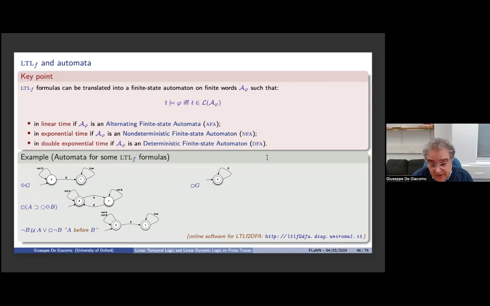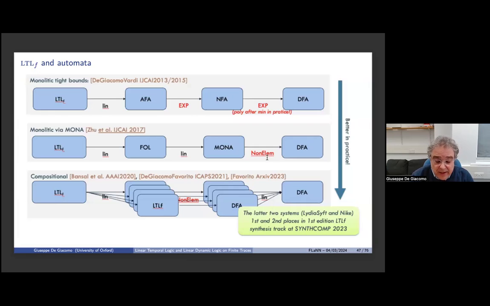There are tools available to actually construct the automaton. Interestingly, most of the best tools don't really use the actual technique that is optimal from the point of view of complexity, but they often just translate the formula into first order logic, and then use Mona.